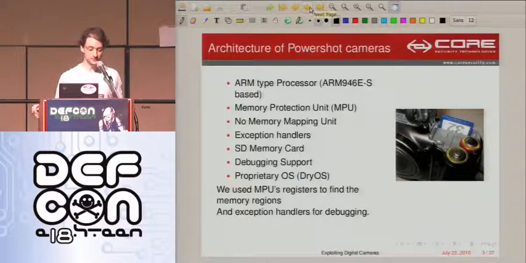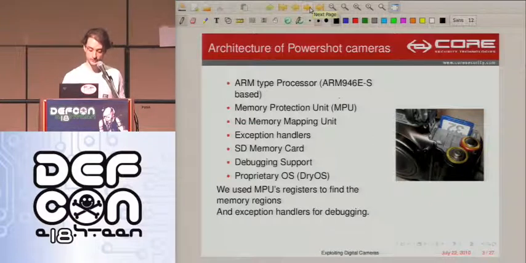Okay, let's start with the basics. Modern digital cameras, I'm sure you are aware, are in fact powerful computers. They almost all have an ARM processor and a lot of memory, and they are really fast computers. The digital cameras that we are studying don't have a complete memory management unit.